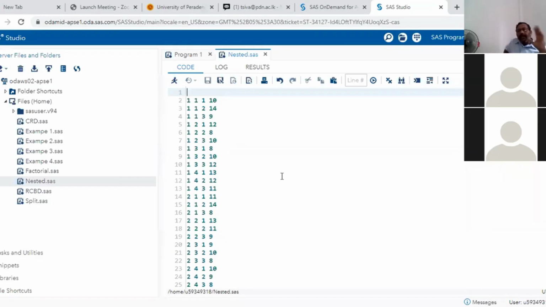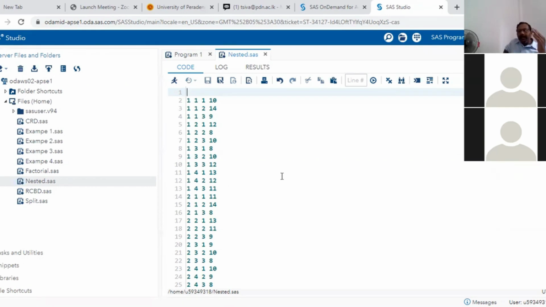Whereas in the other designs, we never use two different denominators for looking at the effects. We have used the same component, which is the error component. But in nested and split plot, the error component is slightly different only in certain cases, right?